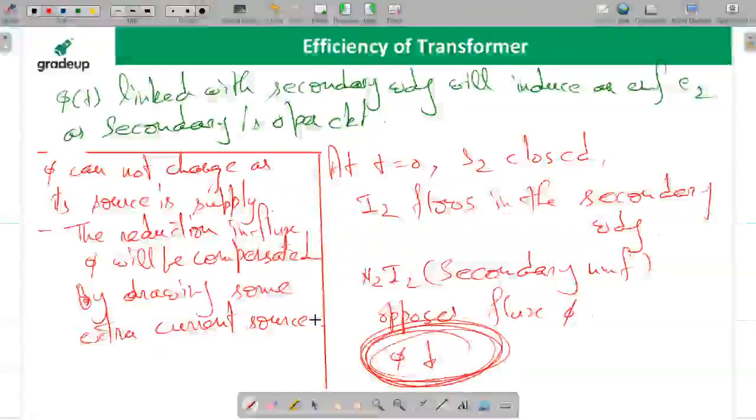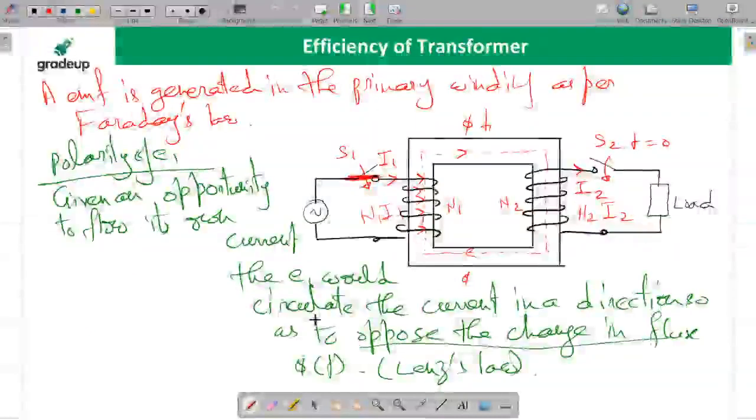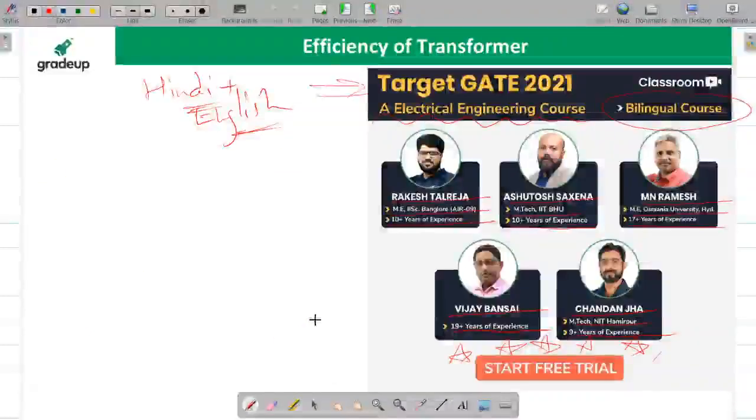This we are calling as the transformer action. How are we defining the transformer action? Please listen to me.